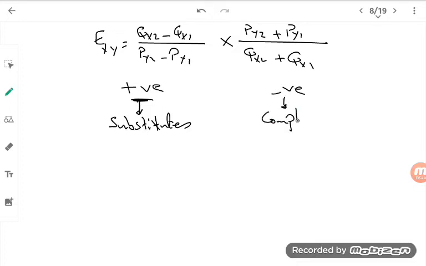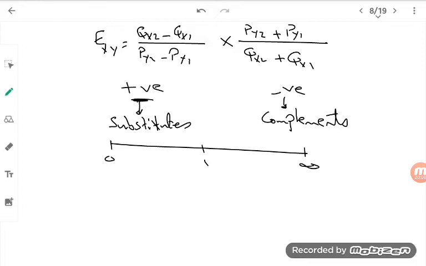Negative stands that the two commodities are complements. Complements such as tea and sugar. If price of tea increases, so demand for tea is going to decrease, as well as the demand for sugar. So the relationship between price of tea and demand for sugar is negative relationship. So the two commodities are complements. The value ranges from 0 to infinity. Of course, we are going to take the absolute value.